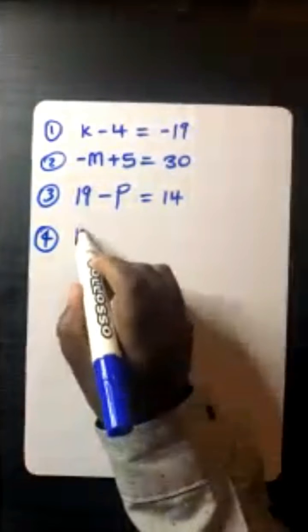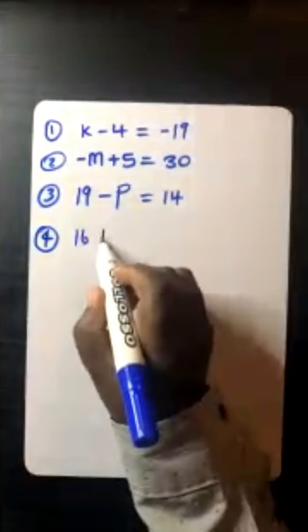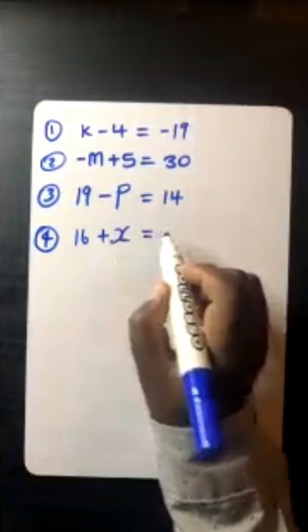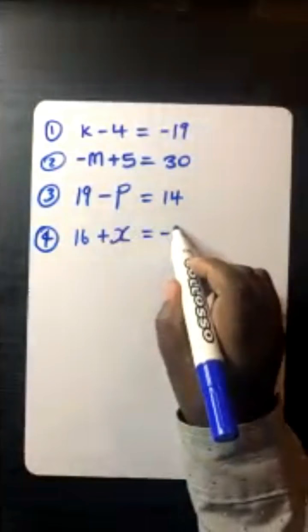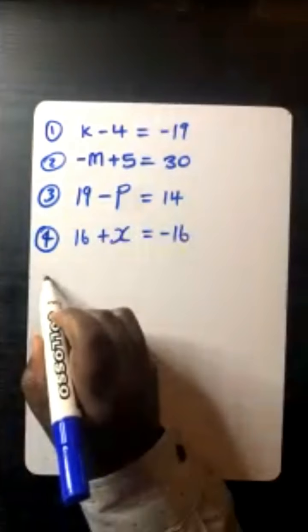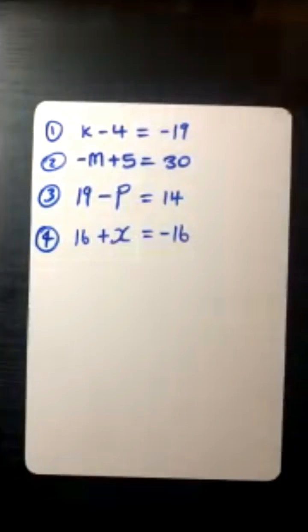Okay. All right. Another one, number 4. Let's say 16 plus x is equal to negative 16. All right. No, let me leave it there.